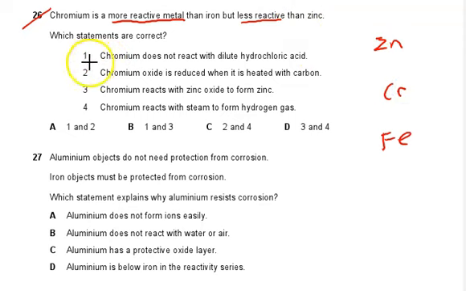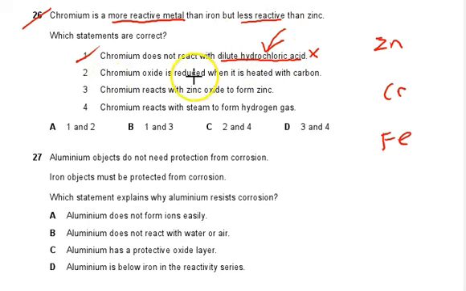Let us go through one by one. Chromium does not react with dilute hydrochloric acid. This is wrong because most reactive metals can react aggressively with any acids, dilute or concentrated.